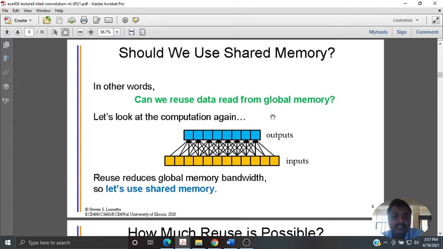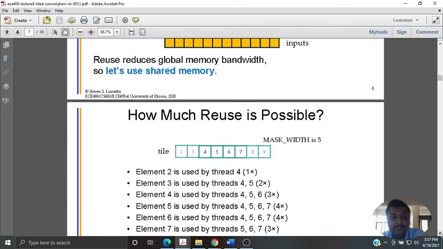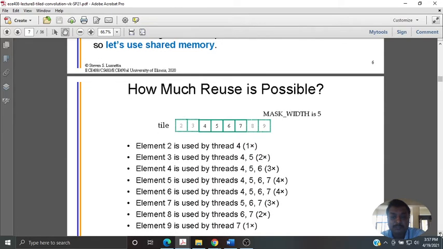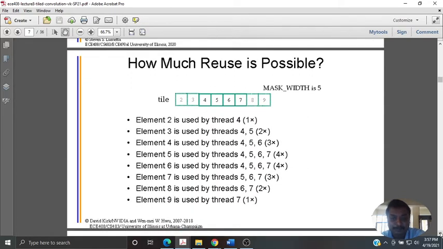So the number of inputs, you are fixing with respect to output tile width. Okay, how much reuse is possible? If the mask size is 5, this element is used only once, because it is a boundary condition. And 3 is used twice while computing 4 and 5.